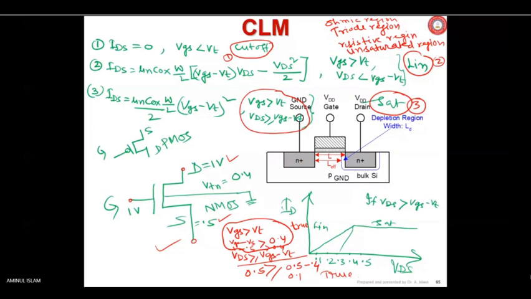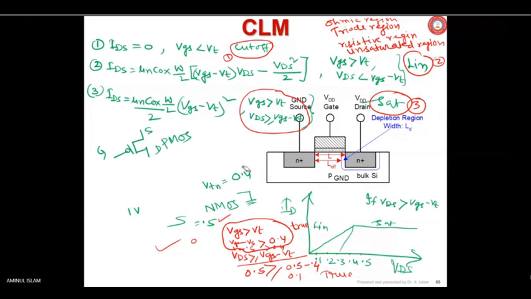At this point, one thing I must say about P MOSFET. N MOSFET you have understood. Region of operation you can understand from this discussion. But what about P MOSFET? Let me talk about the P MOSFET a bit, then we'll switch to the other.